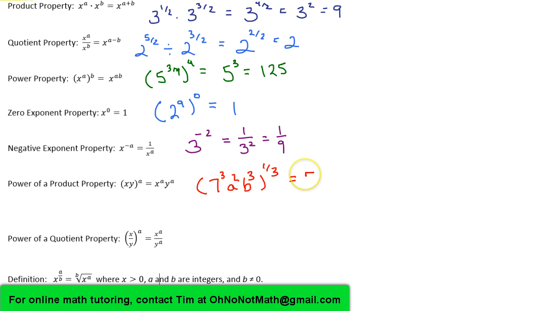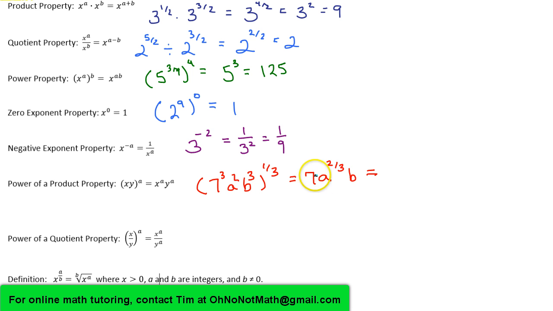So I'll have 7 raised to the power of 3 times 1/3, which is just 1, times a raised to the power of 2 times 1/3, which is 2/3, and b raised to the power of 3 times 1/3, which is just 1.